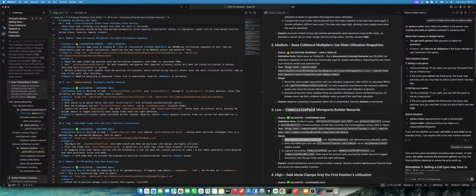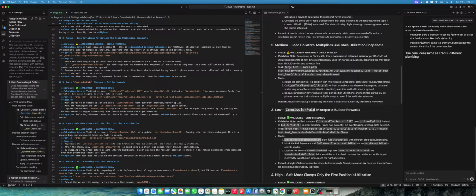I understand the call option, but I'm confused about the put option. So if the price goes below that fixed price, the buyer exercises, and you may have to buy at a price that's now too high. Help me understand put options in DeFi.